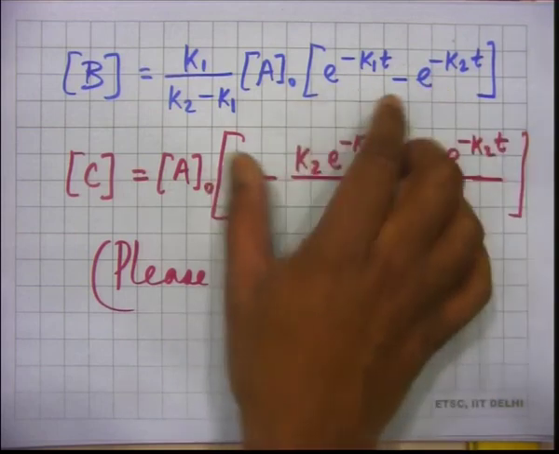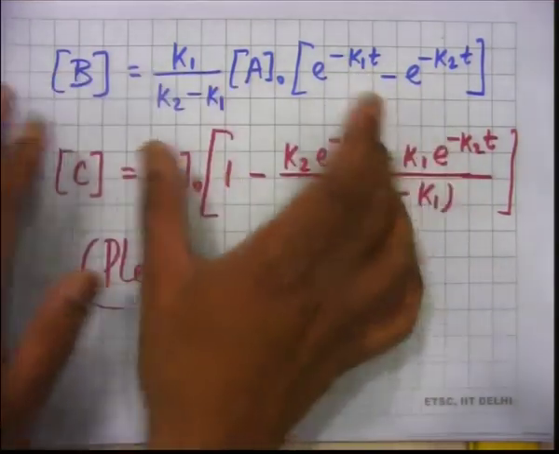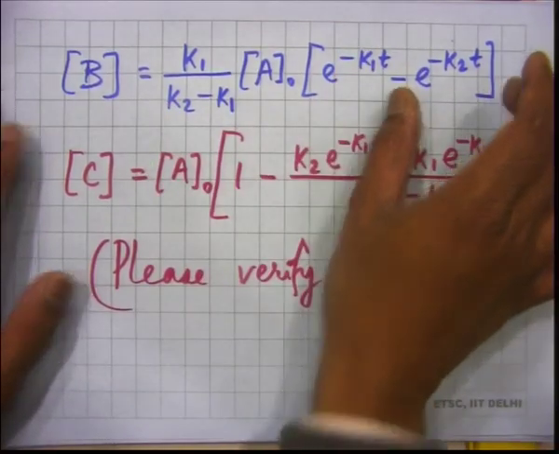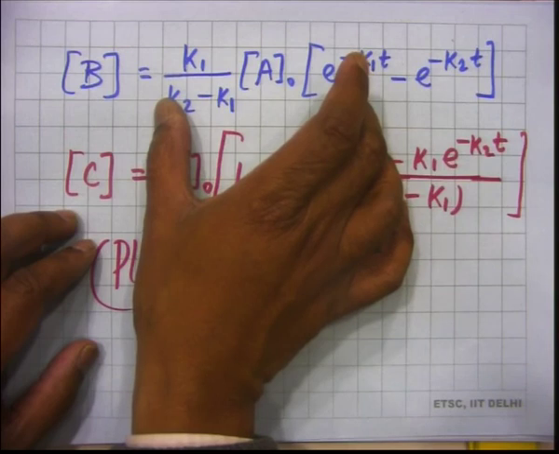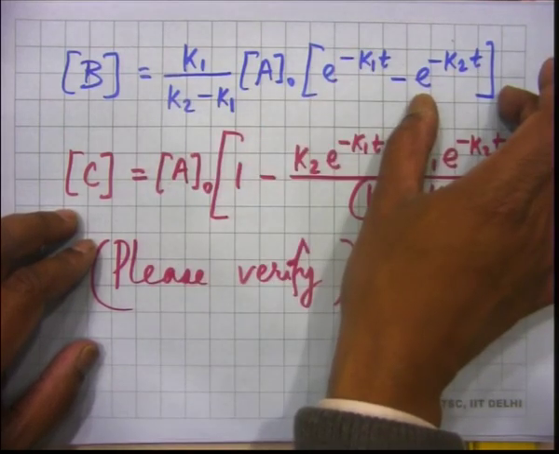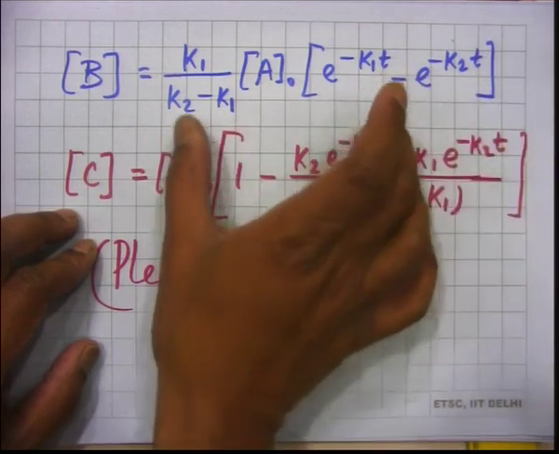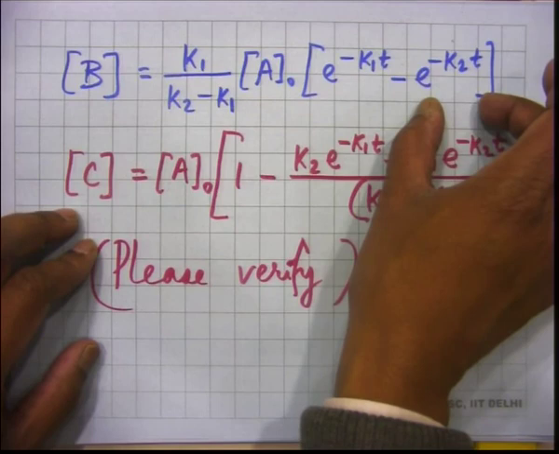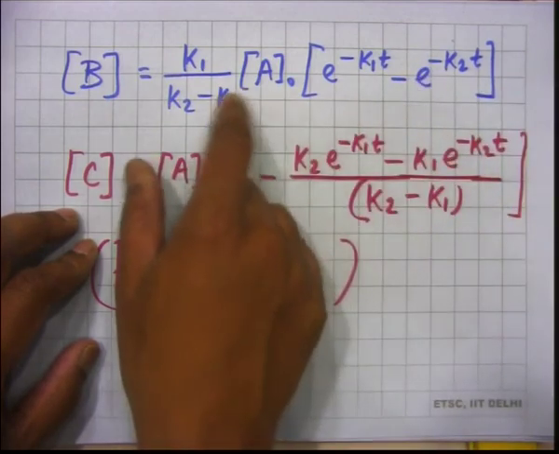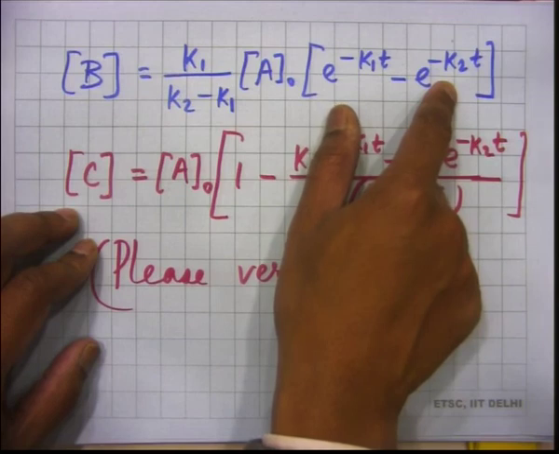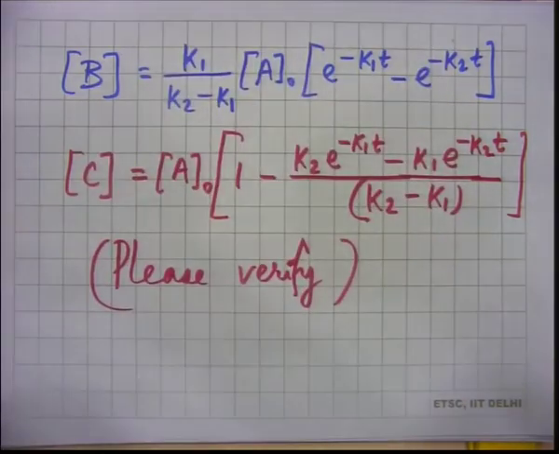B is actually this first term minus this second term. So plot this term as a function of time, and plot the other term also as a function of time, and see how big each term is initially, and after a while what happens to the relative magnitudes of these two terms. That's possibly one way of interpreting this.